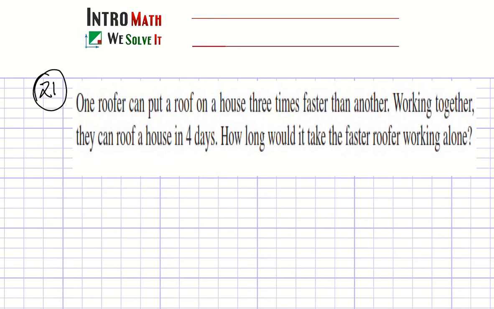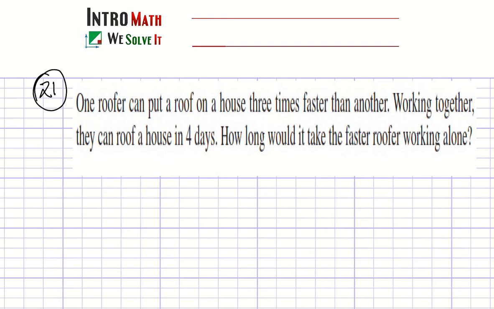Look at this one. It says one roofer can put a roof on a house 3 times faster than another roofer, right? And they say working together they can roof the house in 4 days. How long will it take the faster roofer working alone? Notice that T is in days. It's not in hours or minutes, but it's in days.